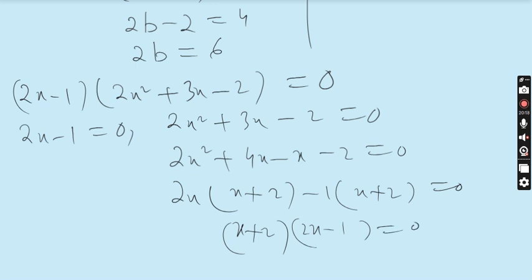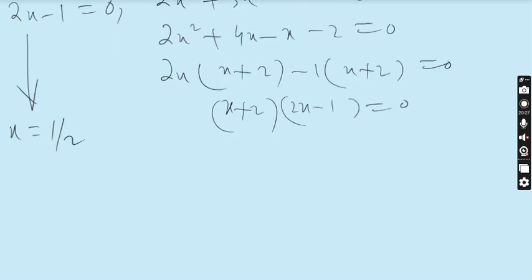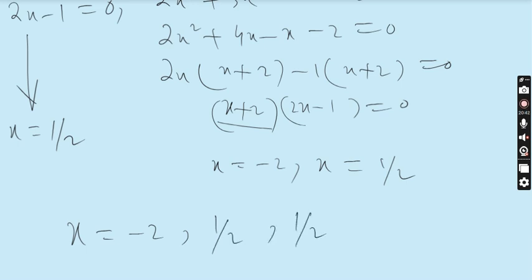And from the third factor the value of x is 1 upon 2, and finally from here x is equal to negative 2 and x is equal to half. So we have three values: x is equal to negative 2, half and half, repeated values. This is the final answer.